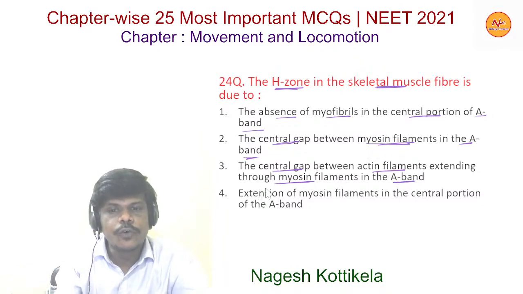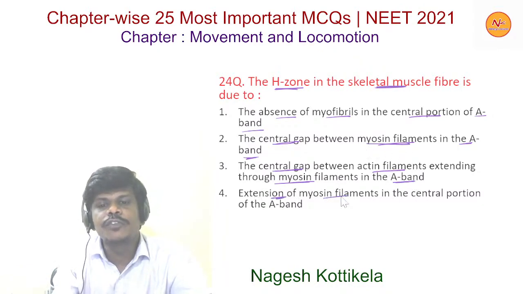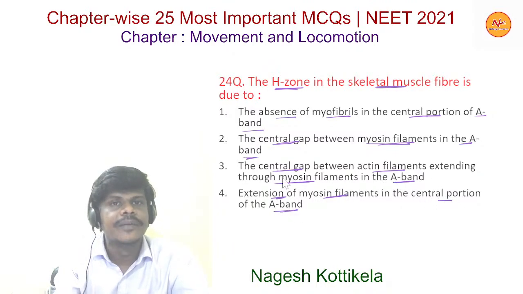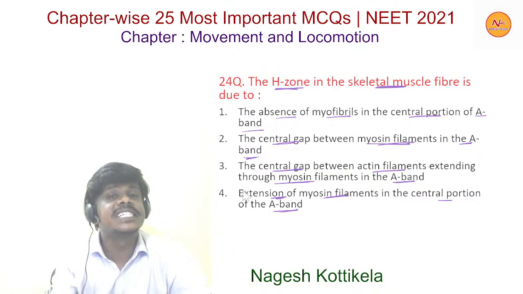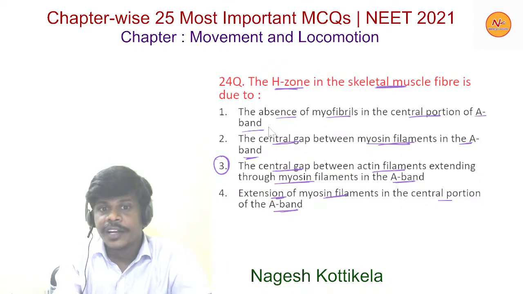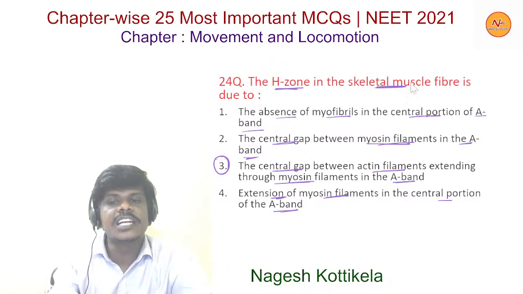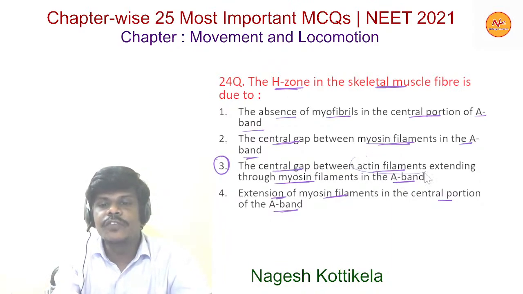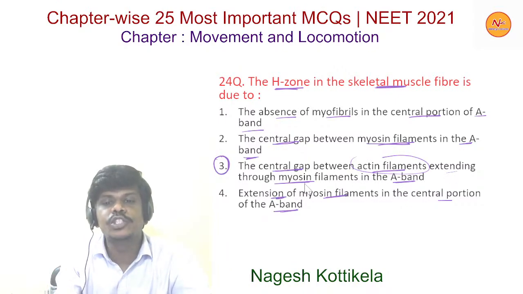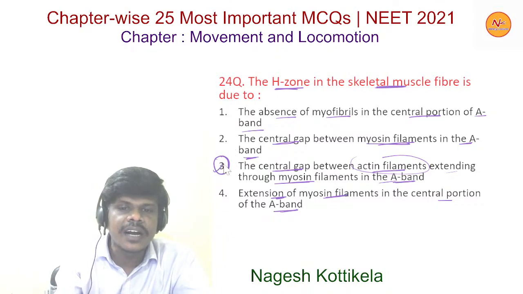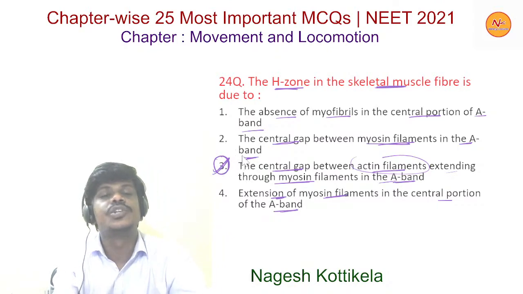And option 4, extension of the myosin filaments in the central portion of the A band. Among these options, option 3 is the right option. The H zone in the skeletal muscle fiber is due to the central gap between actin filaments extending through myosin filaments in the A band. So the third option is the right option.